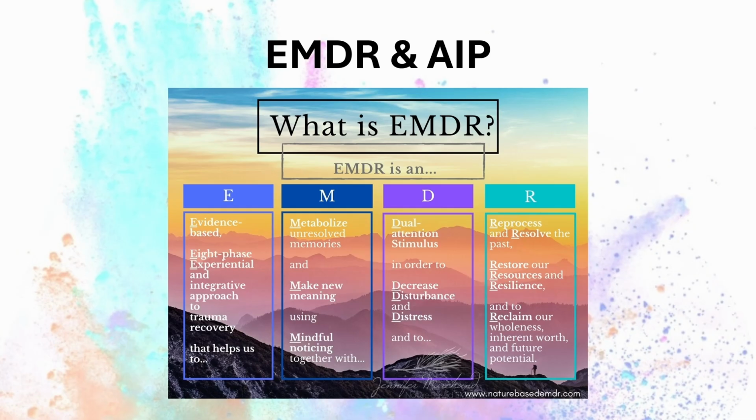The Adaptive Information Processing model is a theoretical foundation for EMDR. Developed by Dr. Francine Shapiro, it explains how unhealed traumatic memories are stored in the brain and lead to maladaptive responses. The AIP model guides all aspects of the EMDR treatment.